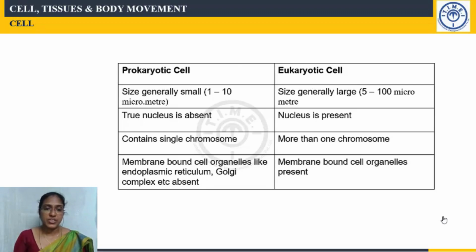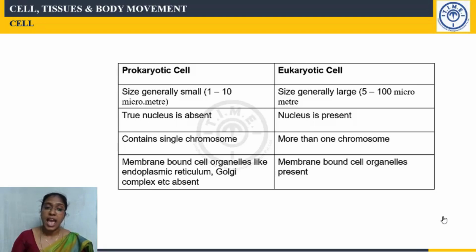Between a prokaryotic cell and a eukaryotic cell: the size is generally small in prokaryotic cells, 1 to 10 micrometers, and generally large in eukaryotic cells when compared to prokaryotic cells, that is 5 to 100 micrometers. A true nucleus is absent in prokaryotic cells, and in eukaryotic cells a true nucleus is present.